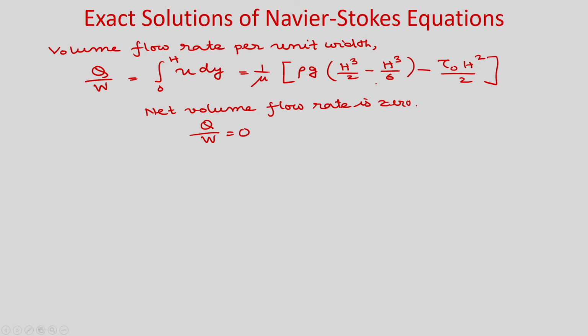If you put this, then you will get rho g h cube by 3 minus tau naught h square by 2 is equal to 0, and from here the value of tau naught is 2 rho g h by 3. So, you can see for the value of tau naught equal to 2 rho g h by 3, you will get net volume flow rate is 0. Due to gravity there will be a viscous force, and that viscous force will be balanced by the shear stress on the wall, okay, and the net volume flow rate will be 0.